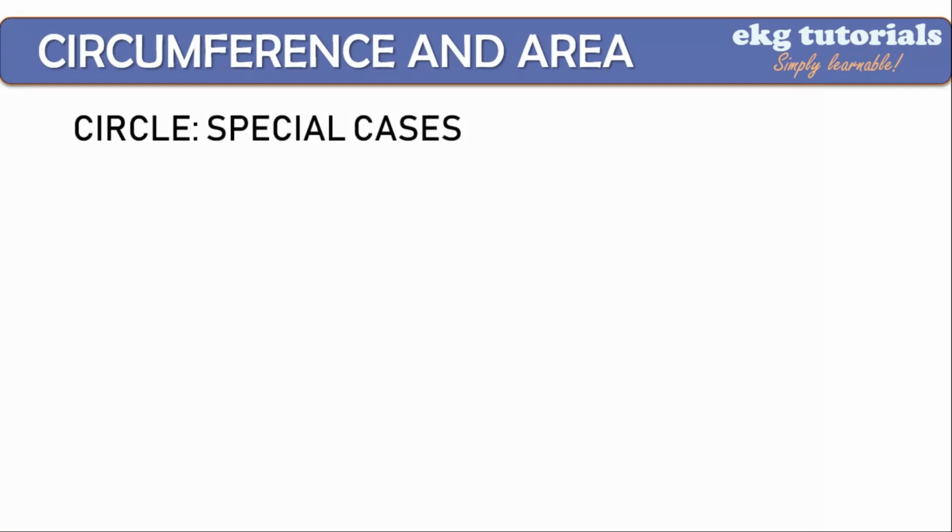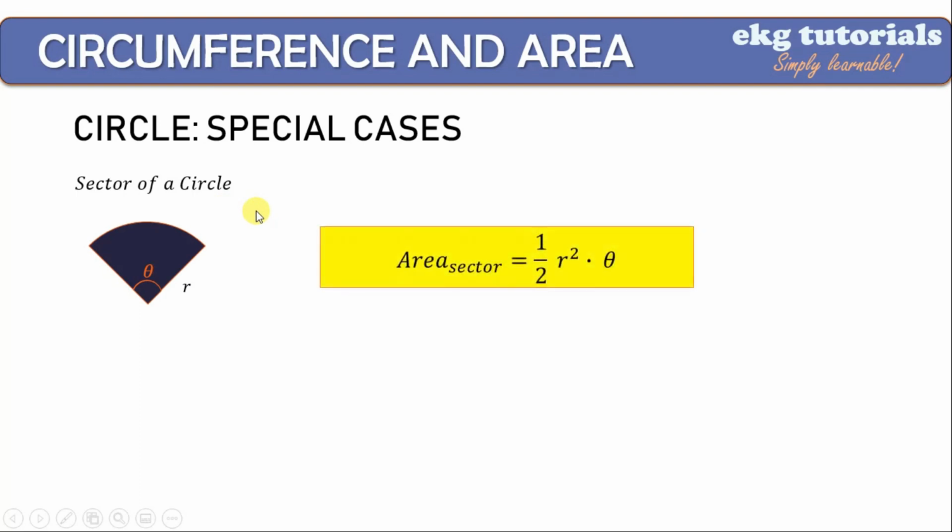Now, what about special cases for circles? So, sector of a circle. Kung mapapansin nyo yung sector, it is in the shape of a pwedeng pamaypay or pwede ding pizza. Okay? So the formula for the area of a sector of a circle is this one. 1/2 radius squared times this angle.